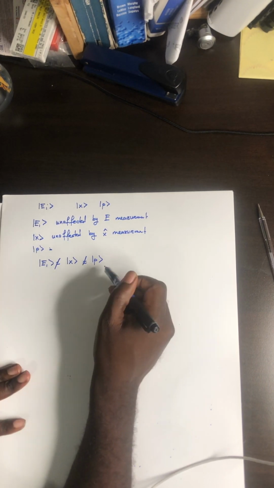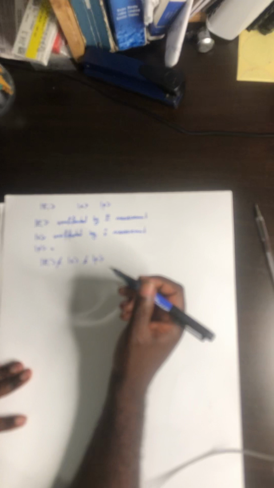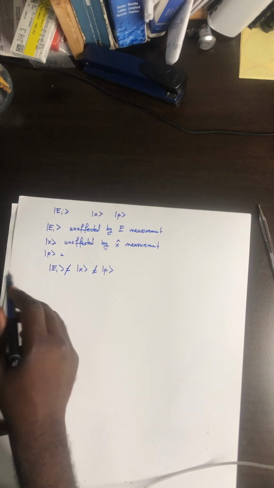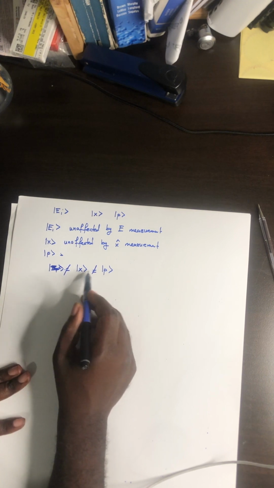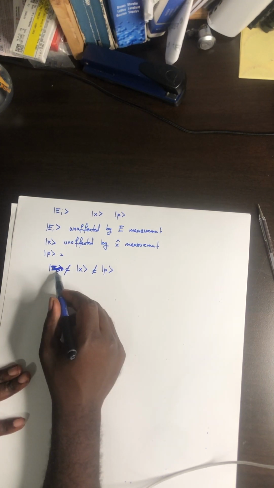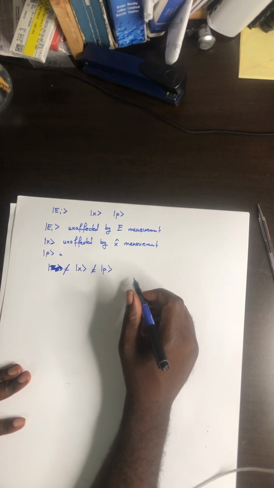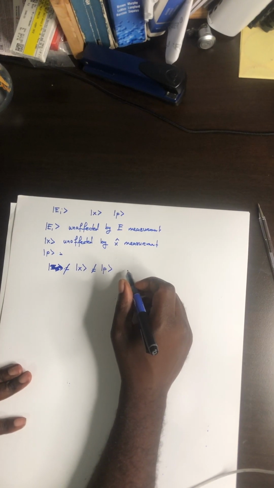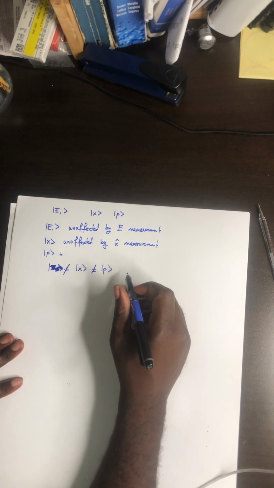That is, they don't coincide. What does this mean in quantum mechanics? That means that a particle cannot have precise, well-defined position and momentum at the same time.